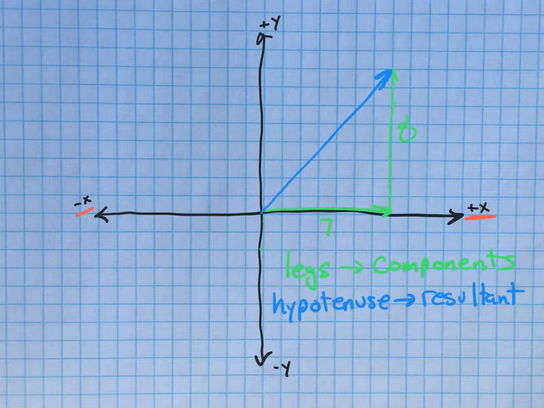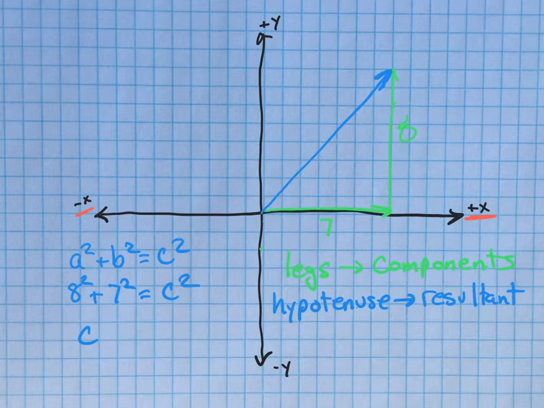Okay, we want to solve for the magnitude, so we're going to use Pythagorean. So we're going to say a squared plus b squared equals c squared. So that's going to be 8 squared plus 7 squared equals c squared.